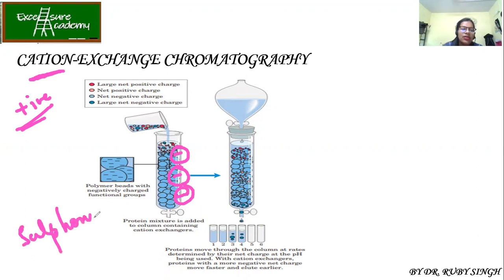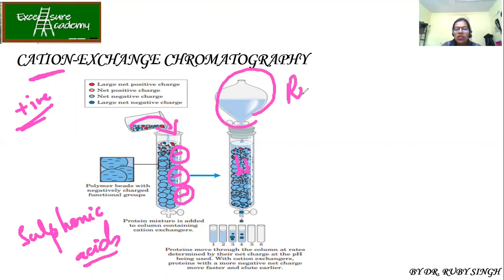They give the negative charge to the solid matrix, your stationary phase. Now what you do is you add your sample onto the column. Then once it starts going inside the matrix, you add your reservoir. So this is your reservoir, the mobile phase.